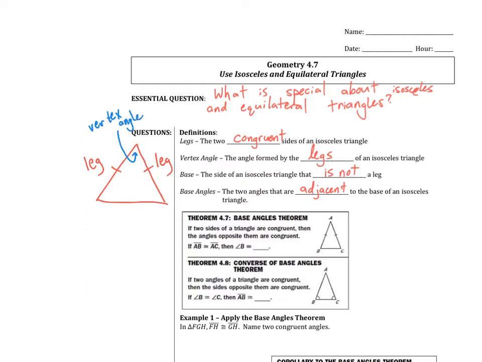The base is the side of an isosceles triangle that is not a leg, so down here is the base. And the base angles are the ones that are adjacent to the base, so right here and right here, these are the base angles. So there's two legs, there's a base, there's a vertex angle, and there's base angles.